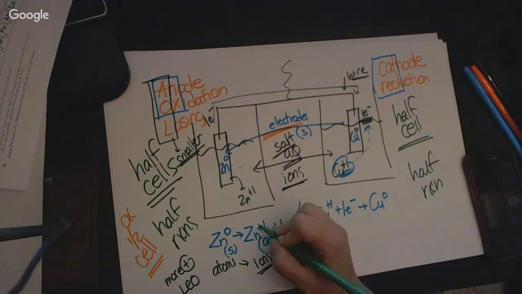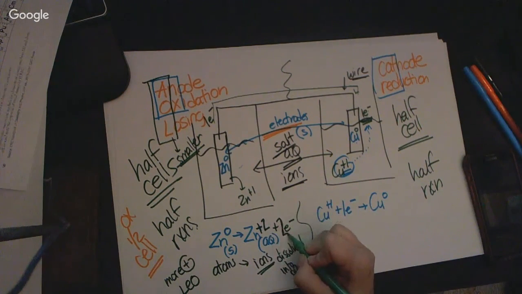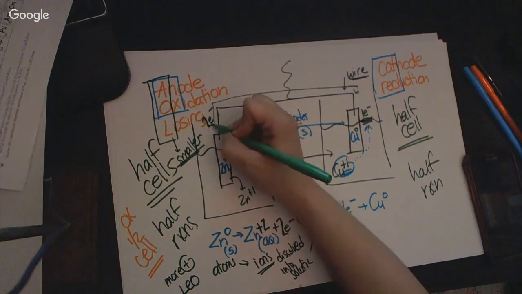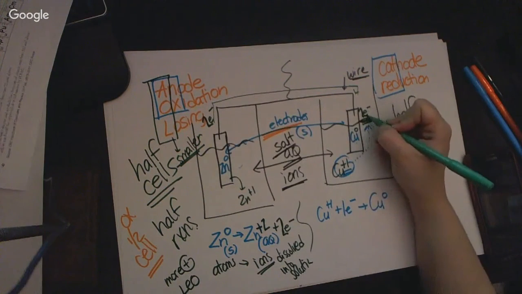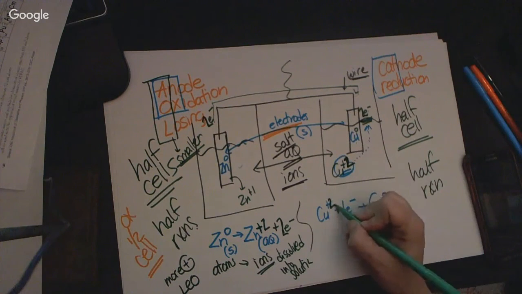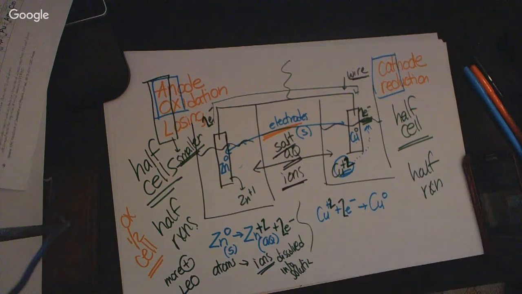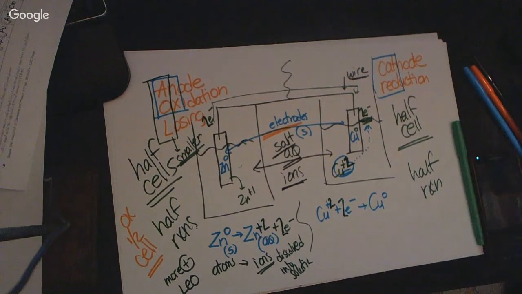This is not zinc +1, this is zinc +2, which means it's losing 2 electrons. This has to gain 2 electrons. Let's call this copper +2 because that works. Copper is not even +1. What the hell am I doing? Okay, let's fix that. I'm really sorry. Like I said, it's been really, really late.